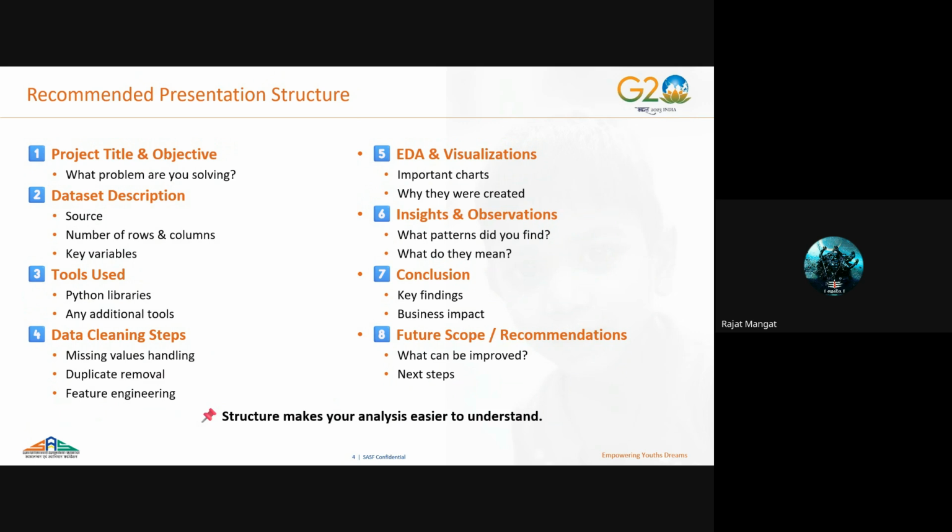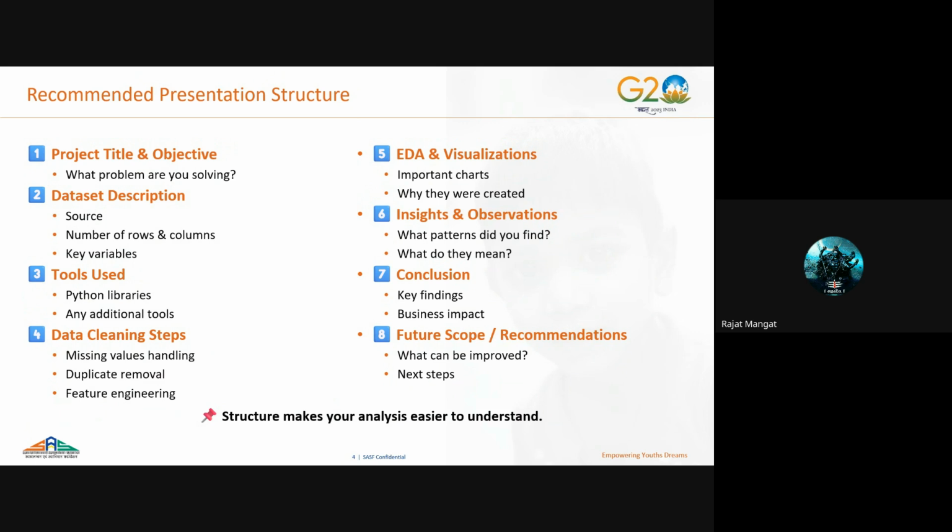After this, you have to provide the conclusion, the key findings, and the business impact they are generating. And after that, you have to write by your own understanding what might be the future scope for this, and what recommendations you are giving to the other team or the upper management. Okay, these are the steps that we might be taking in order to meet future demands or meet future decline.